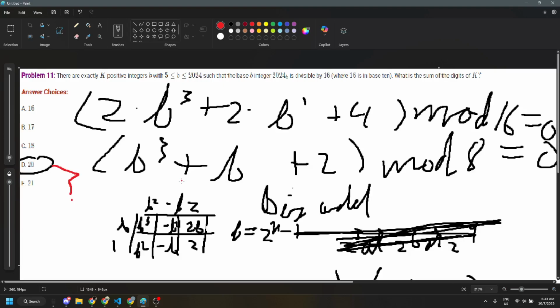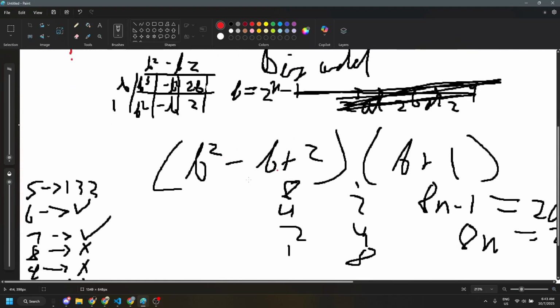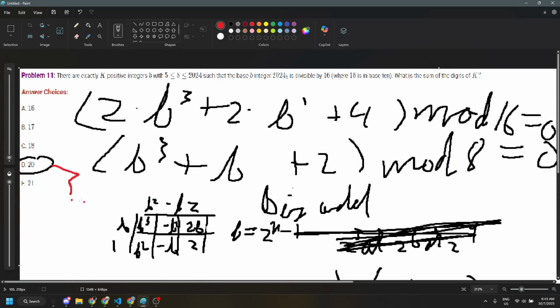Oh, so they found that if b is divisible by 3 or 6, then this is divisible by 8. Interesting. Okay, well I can't go through the full solution, but I kind of got it right.